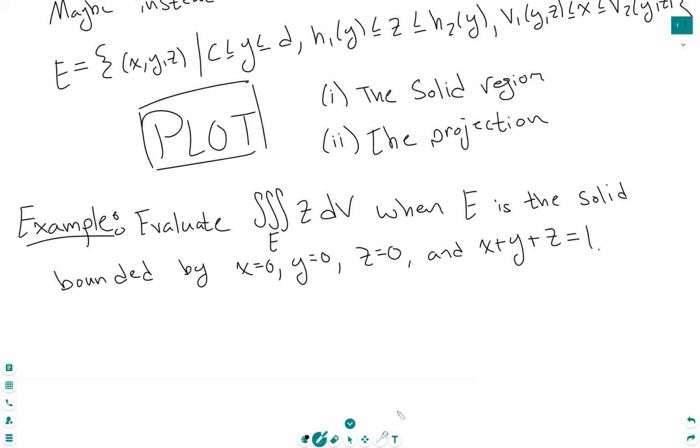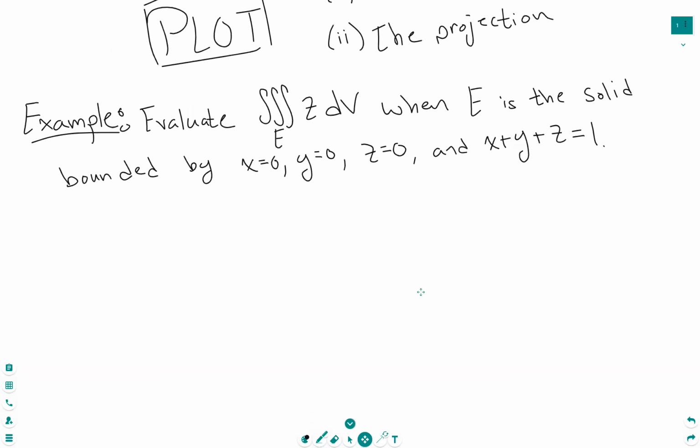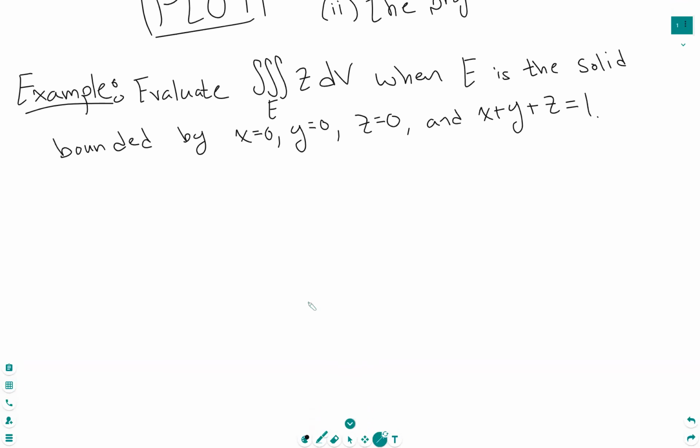So this creates a closed region. First thing I'm going to do is try to plot this guy. So I'm going to make my x, y, and z coordinates here.